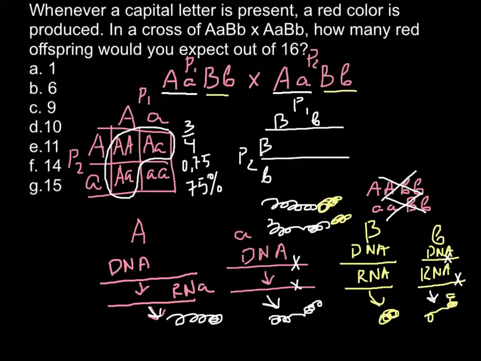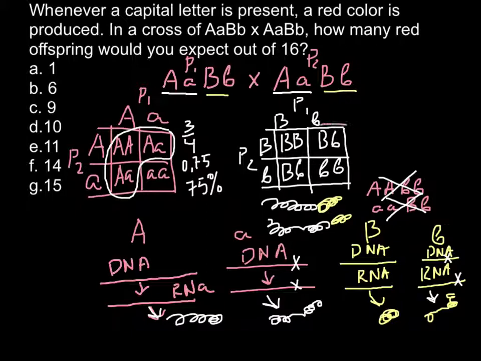Now when we build the Punnett square, once again here we would have capital B, capital B, capital B, small b, capital B, small b here, and small b, small b here. And as you see, once again we have 3 out of 4 chances to have normal protein produced by such genotypes as capital B, capital B, or capital B, small b. So once again 3/4 chances, or 0.75, or 75%.